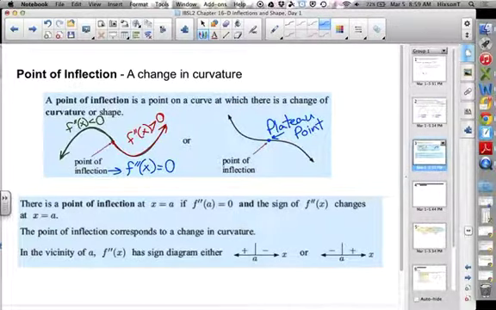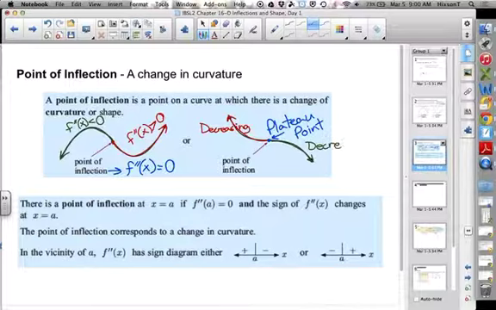So that's what's interesting. You don't have a change in increasing or decreasing, but you actually do have a change in concavity here. Okay? So if you're thinking about, on this side we are decreasing. Okay? But also on this side we are decreasing.